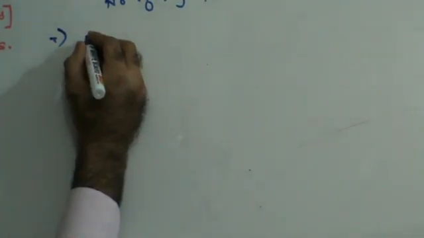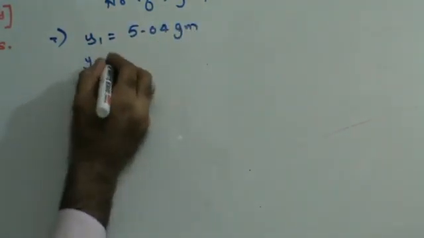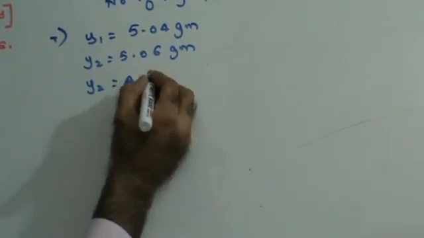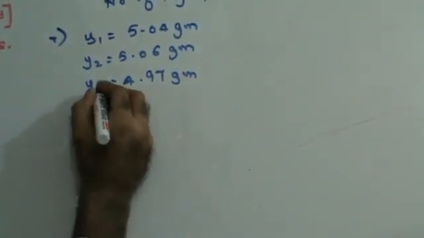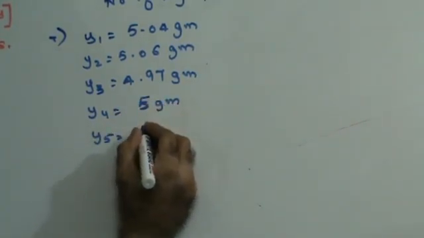An object was weighed by a physical balance, and the following readings were obtained: 5.04 grams, 5.06 grams, 4.97 grams, 5 grams, and 4.93 grams.